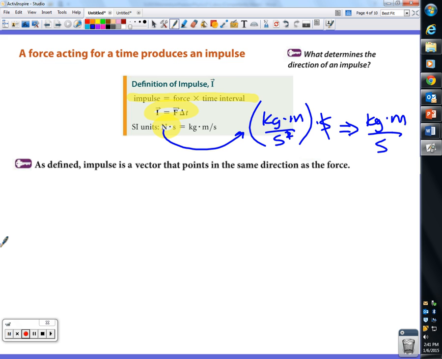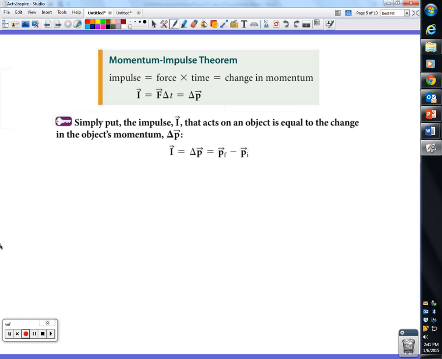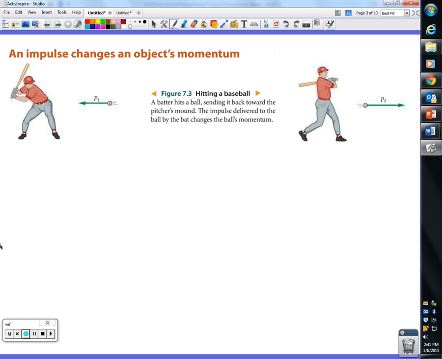Why? Because the impulse, okay, let's go this way. Here is a situation similar to the red bouncy ball that we talked about yesterday. This baseball is originally traveling towards the left, now it's traveling towards the right, before it gets hit, after it gets hit. This is a change in momentum, and a relatively large change in momentum, because of the whole change in direction thing.